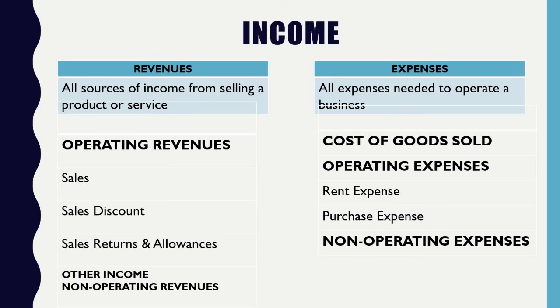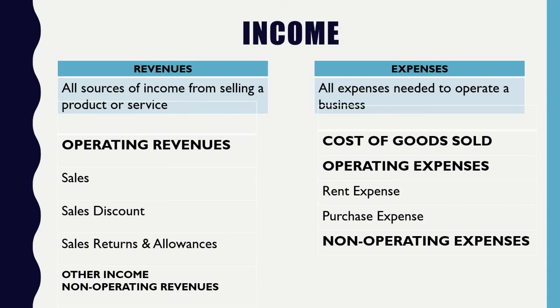In this case, you can have operating income or operating revenues, whatever you want to use. Typically, your operating revenues could be your sales, your service sales, or commissions, whatever you want, as long as you understand what it is that generates income for your company.